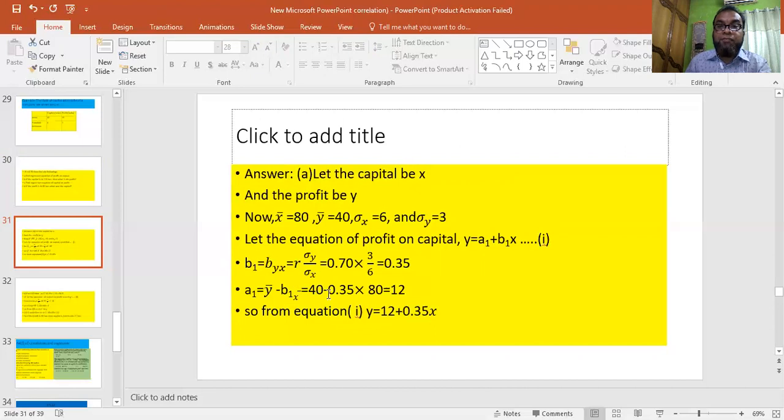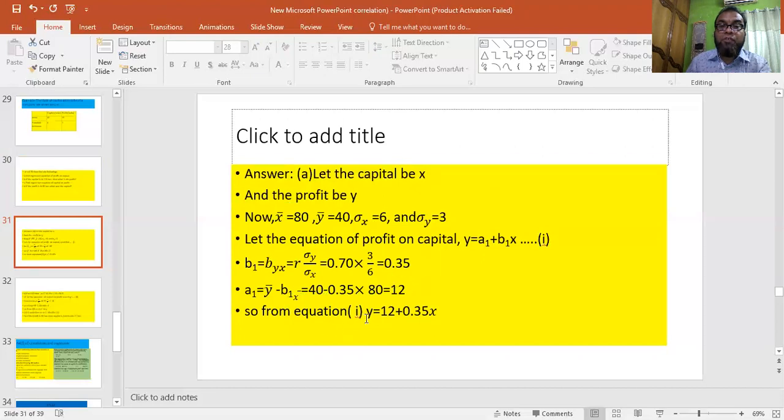That is, Y bar is 40 minus b1 is 0.35 and X bar is 80. So by calculation, I get a1 equal to 12.